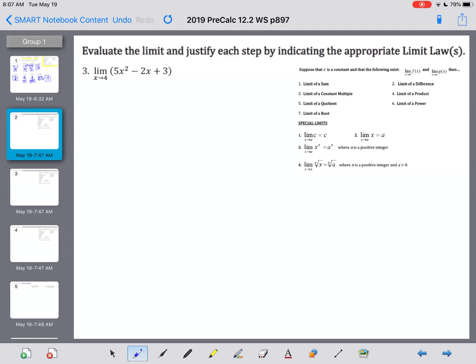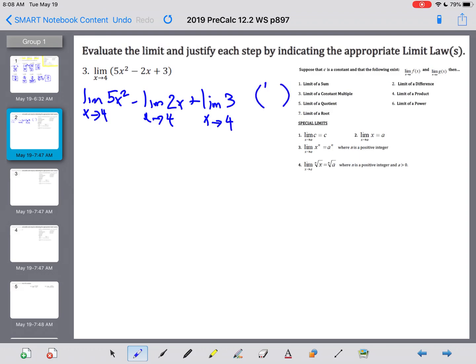So the first thing I'm going to do is say, I've got the limit as x approaches 4 of 5x squared minus the limit of 2x as x approaches 4, and then plus the limit of 3 as x approaches 4. And I used laws 1 and 2 there.